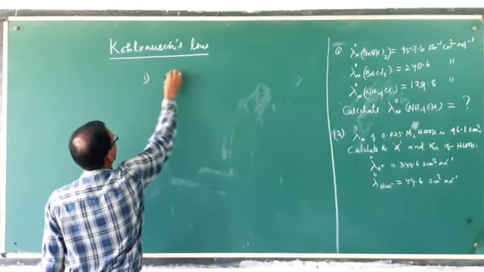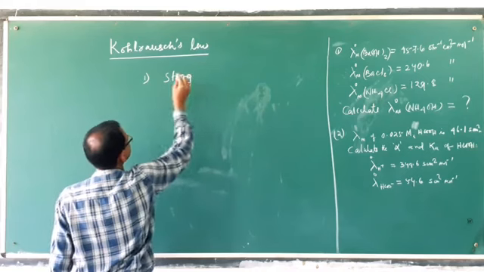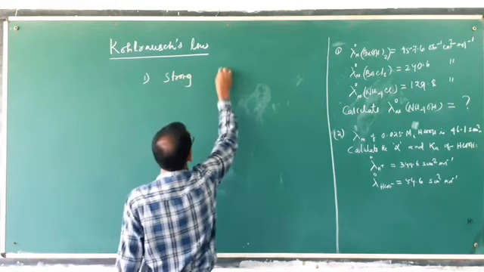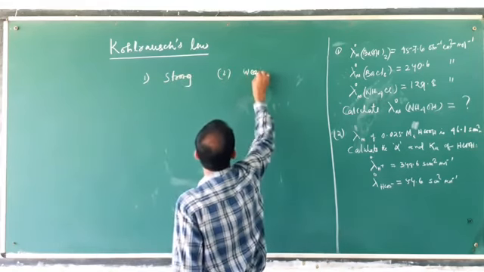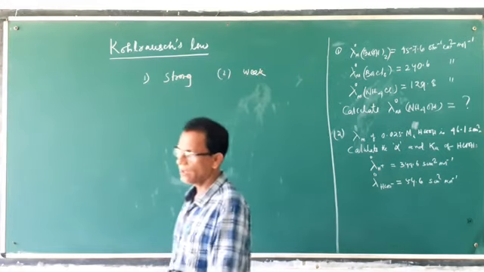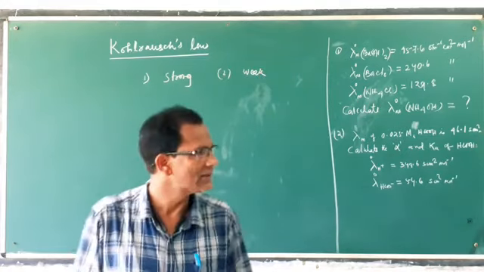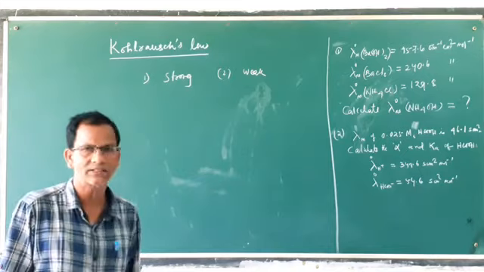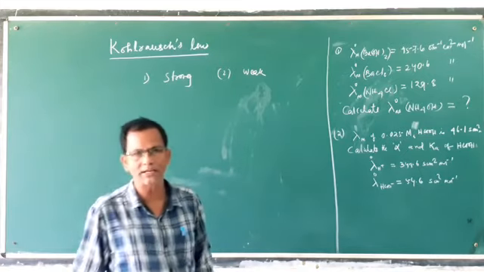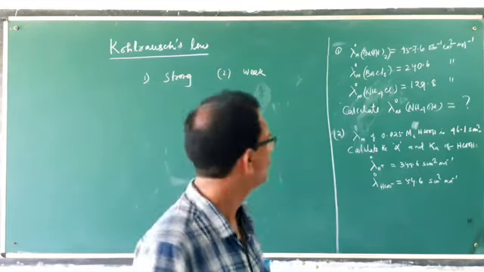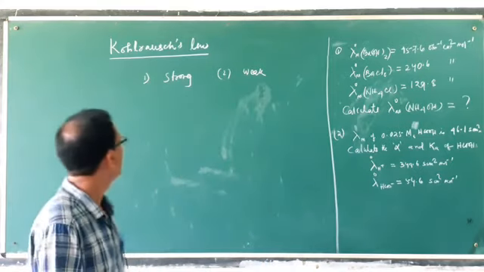One is strong, the second one is weak. Strong electrolytes have high conductance and weak electrolytes have low conductance.